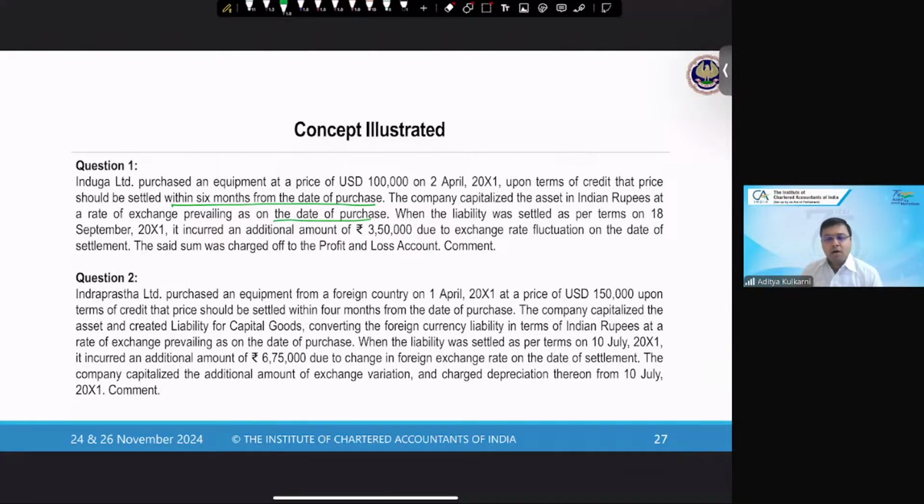When the liability was settled as per terms on 18th September 20x1, it incurred an additional amount of 3,50,000 due to exchange rate fluctuation on the date of settlement. The said sum was charged off to the profit and loss account. Please comment.